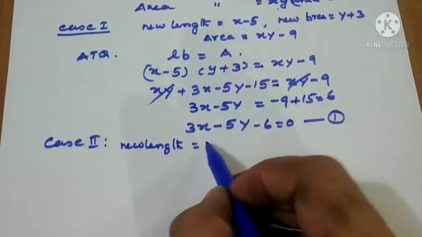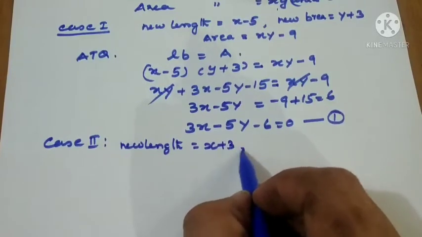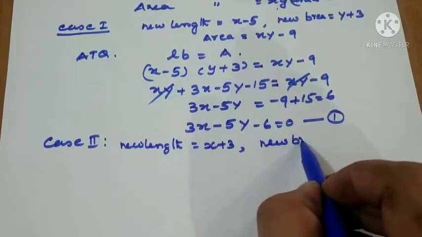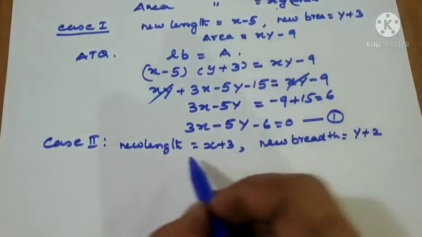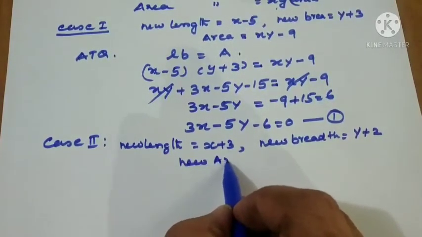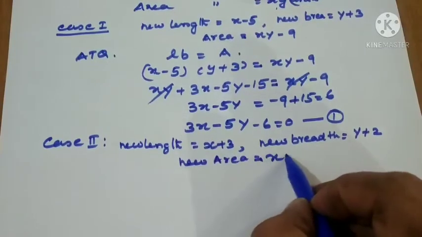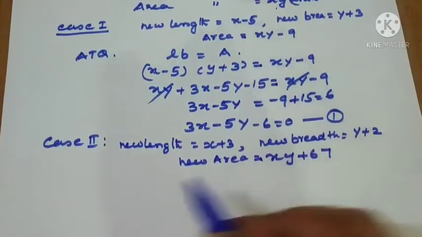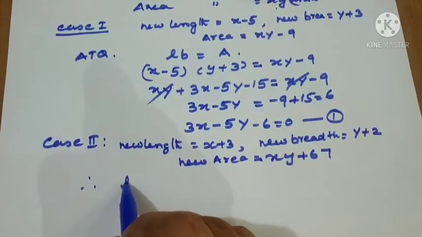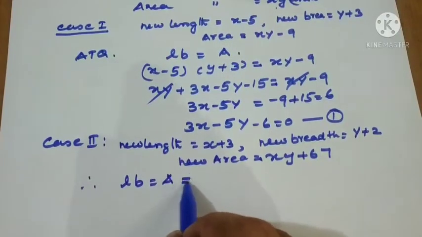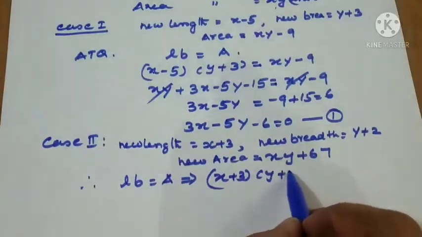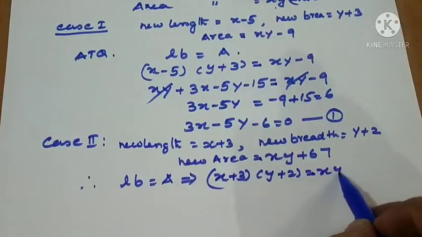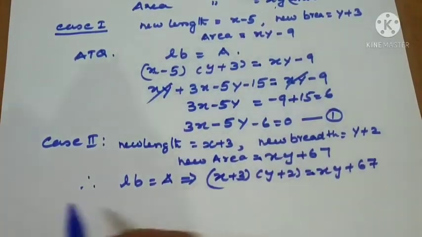Length is increased by 3 units, so x plus 3, new breadth y plus 2. So new area, xy plus 67. That is L into B equal to A only, implies x plus 3 into y plus 2 equal to xy plus 67.